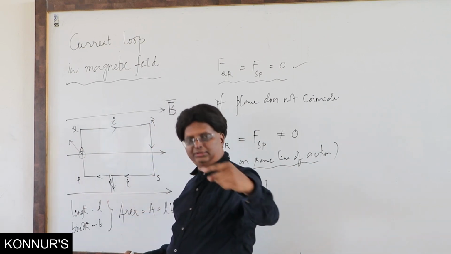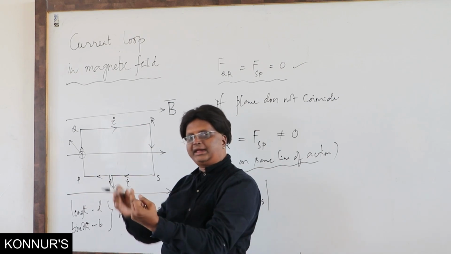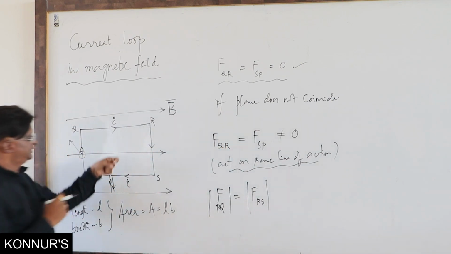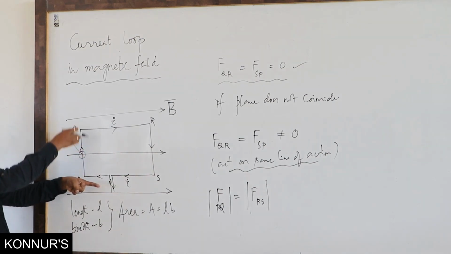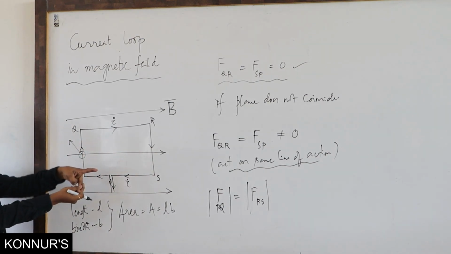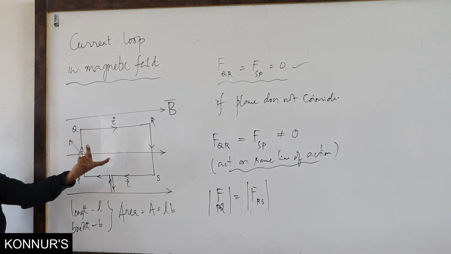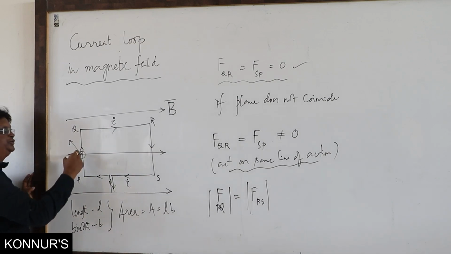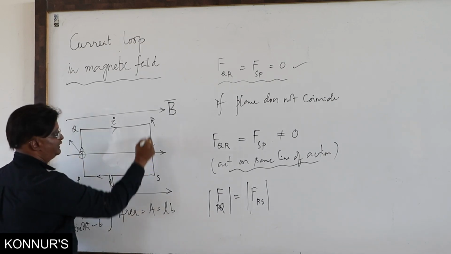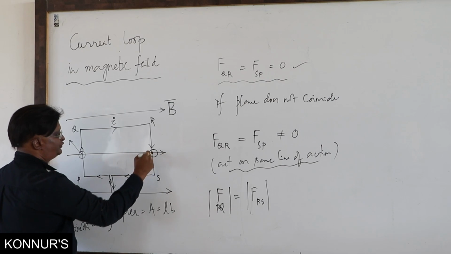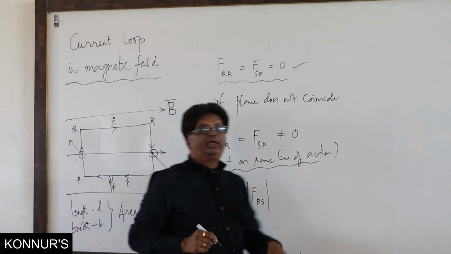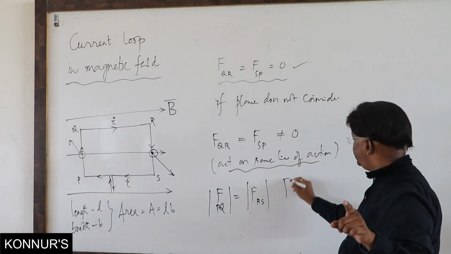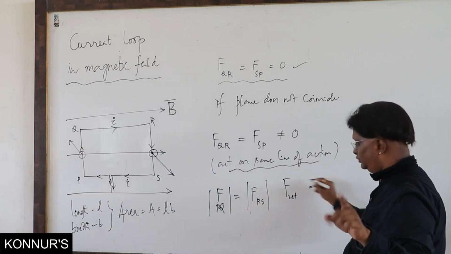Because if you use your left hand rule, see current direction. Let me show that. First direction of magnetic field, index finger. Then current direction P to Q. Now I am taking P to Q upward. Now look at my thumb. Thumb is inwards. So this is the force acting into the board, whereas on RS you will get a force outwards. So here they are equal, therefore net force is 0.